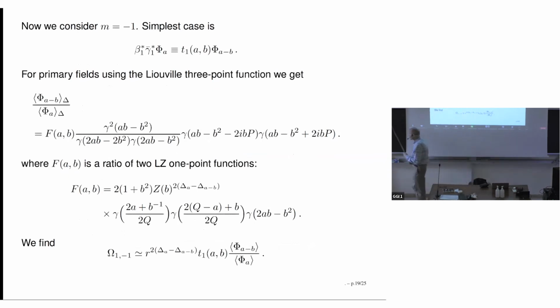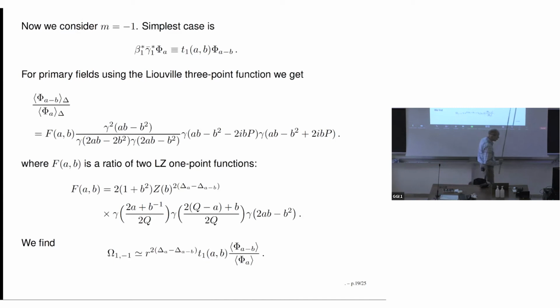Another thing, a little bit more sophisticated, is when I shift my field. So I have the formula like that, and I want to know this quantity. This is already given by the ratio of two expectation values of primary fields.